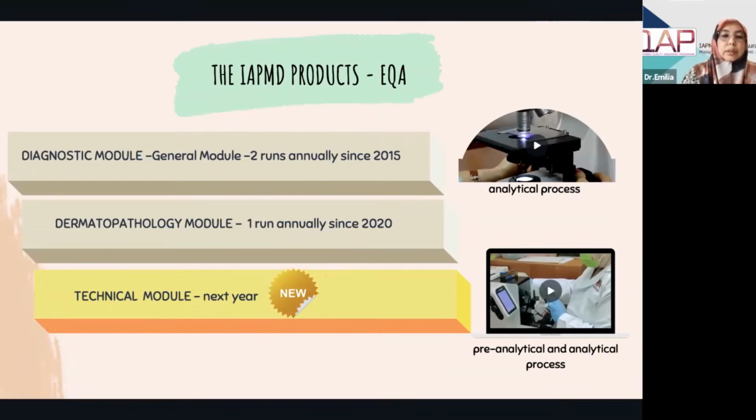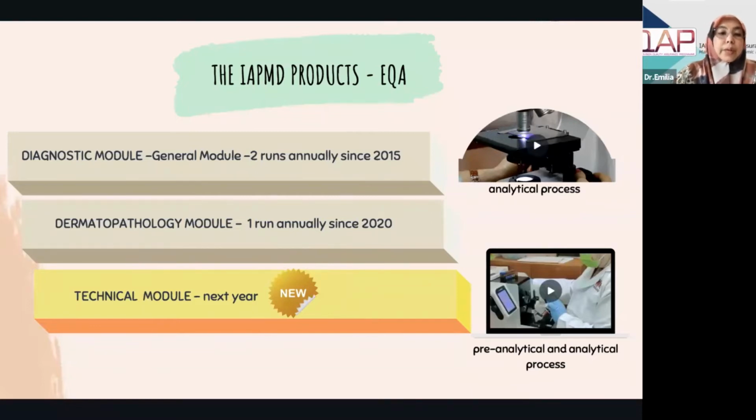As Professor Nahayati already mentioned, we already have the diagnostic module, run twice per year since 2015. And the histopathology module, which was recently introduced last year, runs once per year.